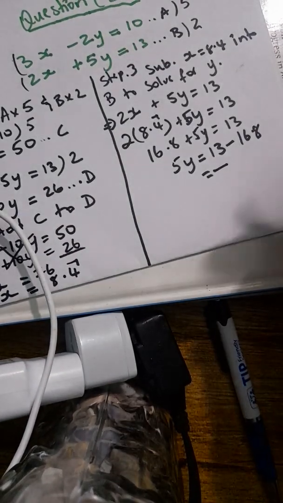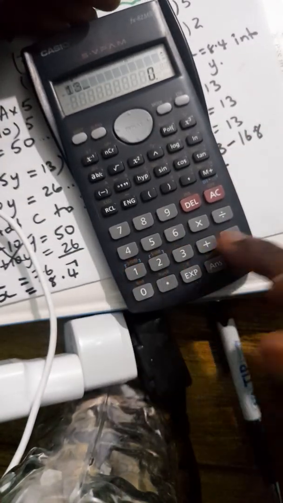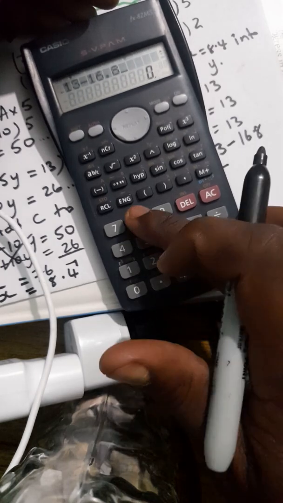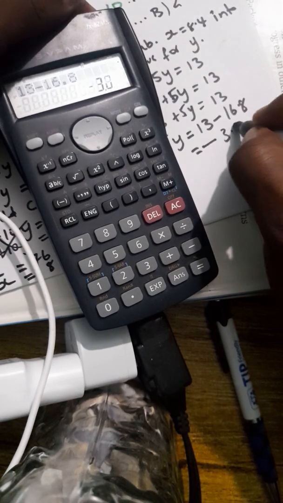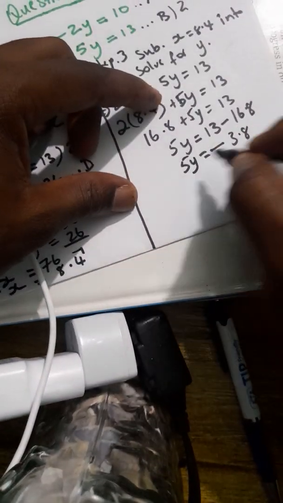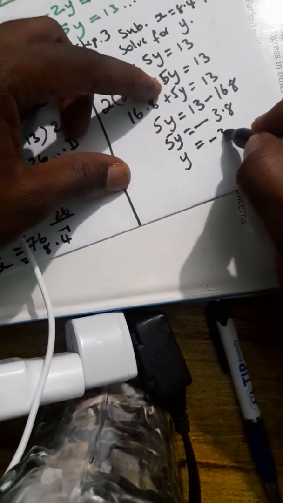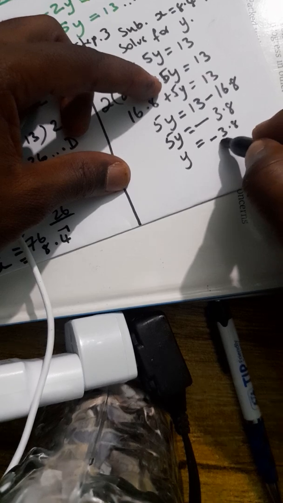So 13 minus 16.8 is negative 3.8. So 5y equals negative 3.8, therefore y equals negative 3.8 over 5.